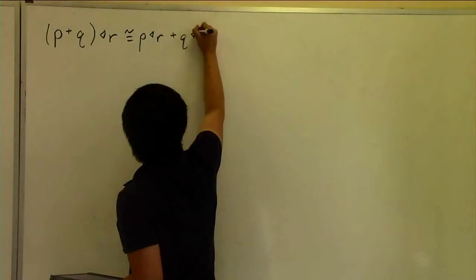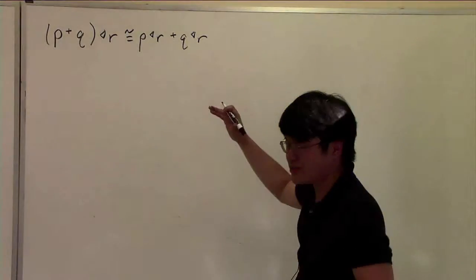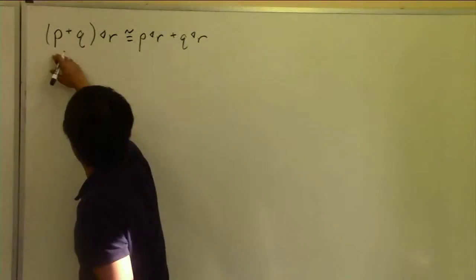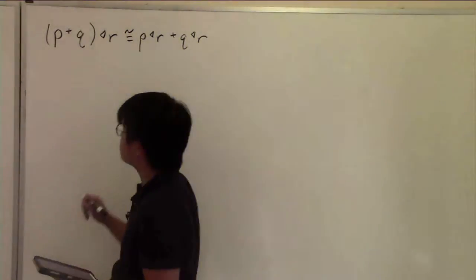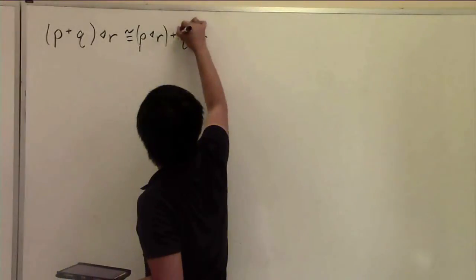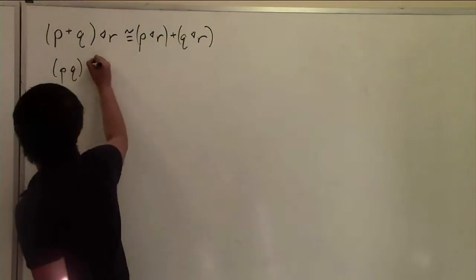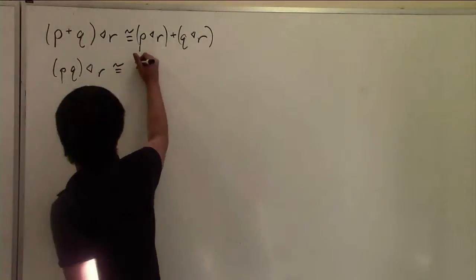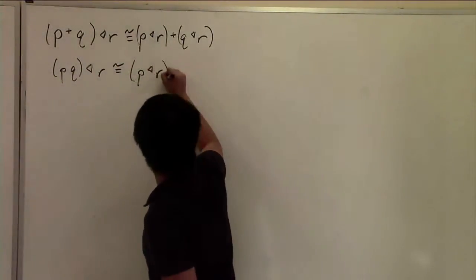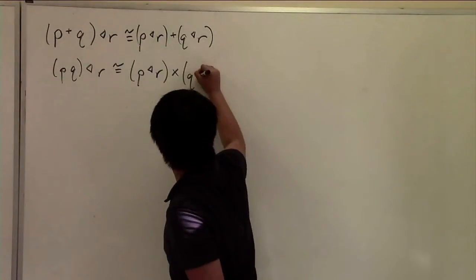That's just how polynomial functions work. Similarly, if we do p times q composed with r, it's really the same thing as p composed with r times q composed with r.